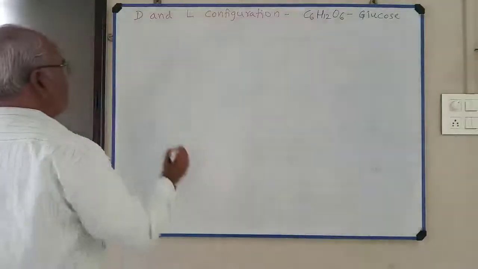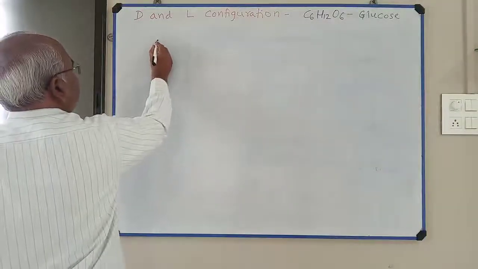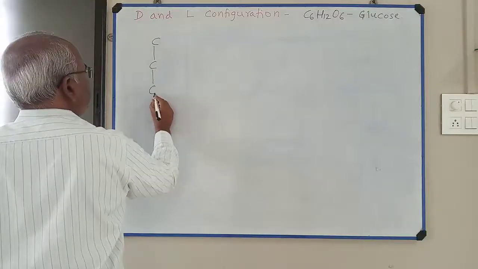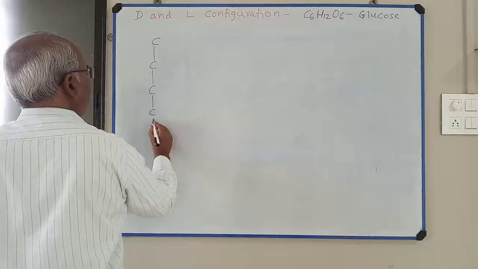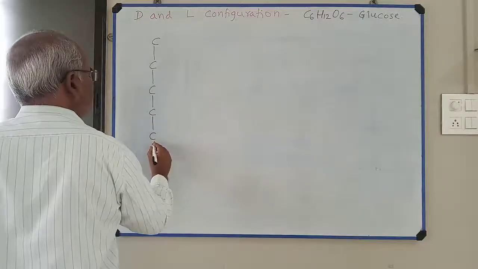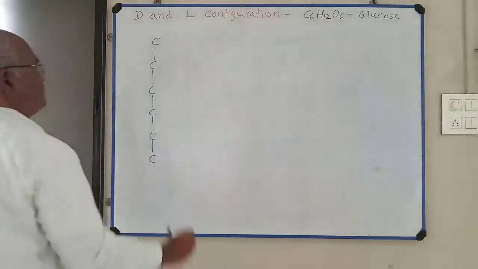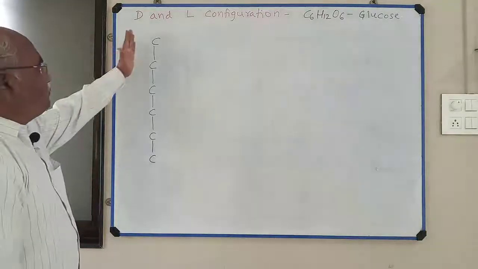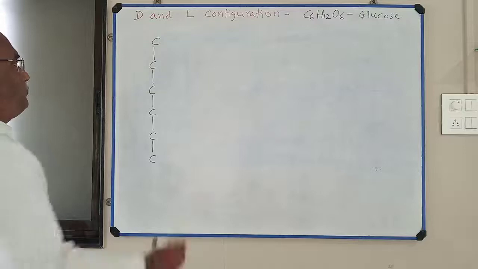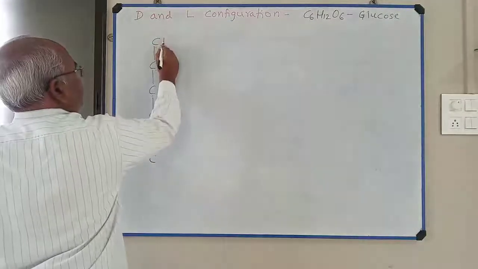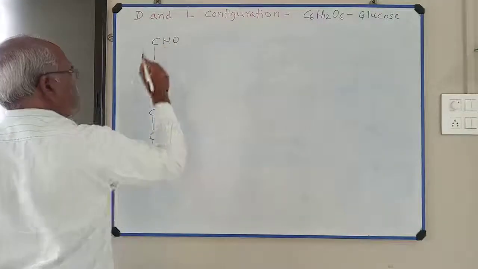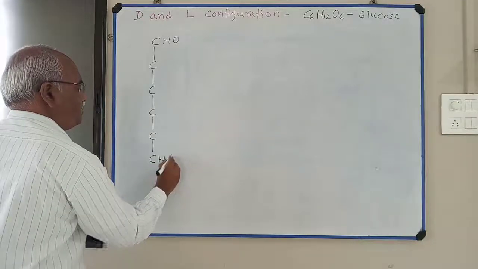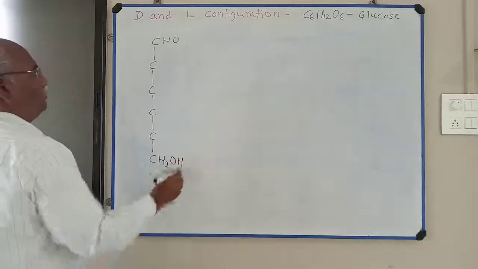So there are 6 carbon atoms, 1, 2, 3, 4, 5 and 6. 6 carbon atoms are in a straight chain. Here is the aldehyde group and here is the primary alcoholic group.